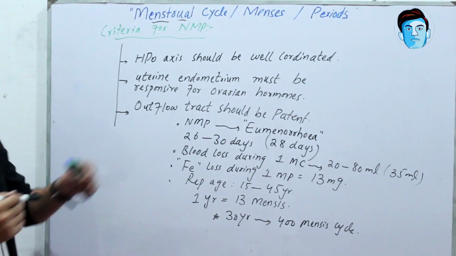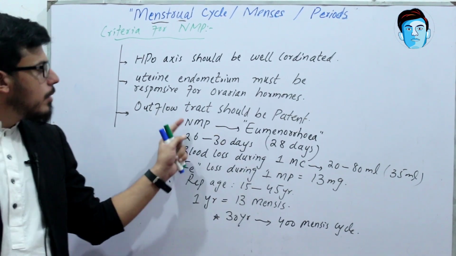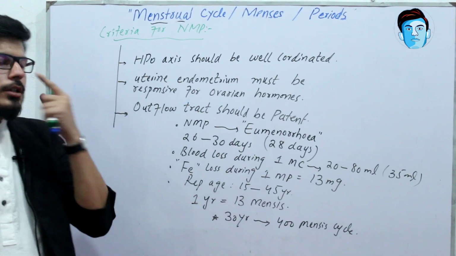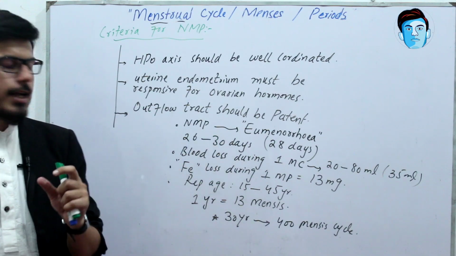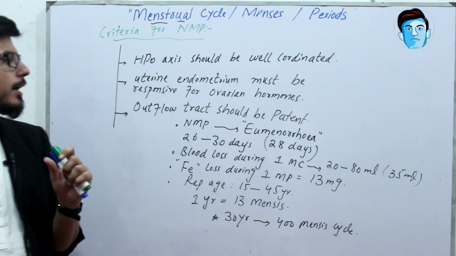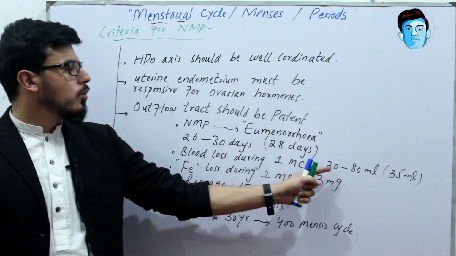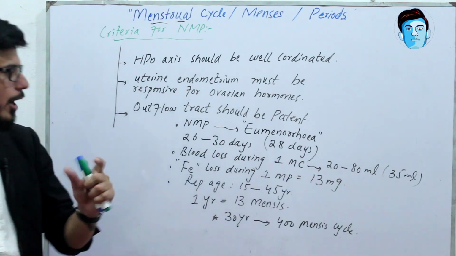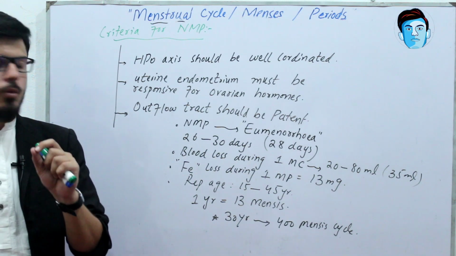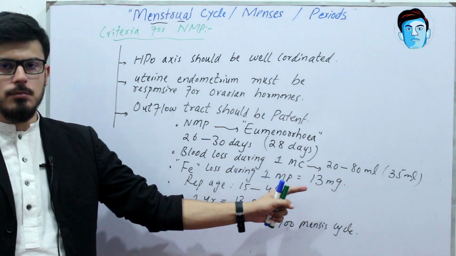So the important points: the normal menstrual period is also called eumenorrhea. The cycle repeats in 26 to 30 days, so on average 28 days. Blood loss during one menstrual cycle is 20 to 80 ml, around 35 ml on average. Iron loss during one menstrual period is 13 mg.